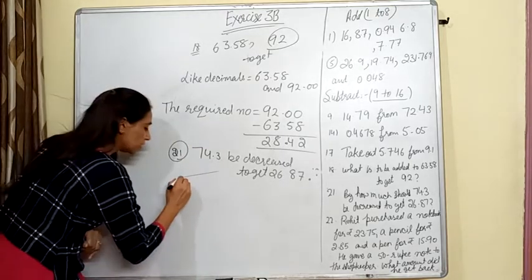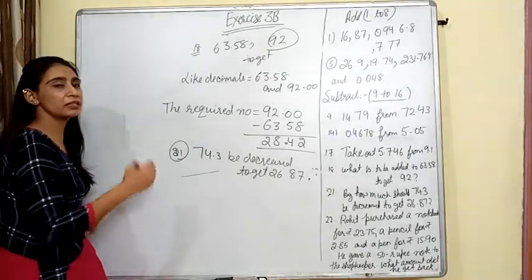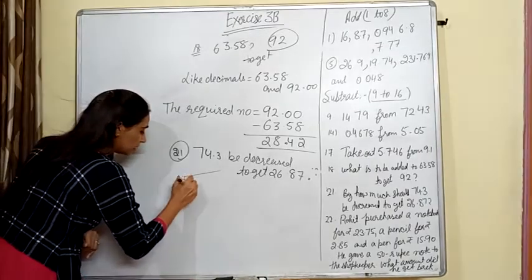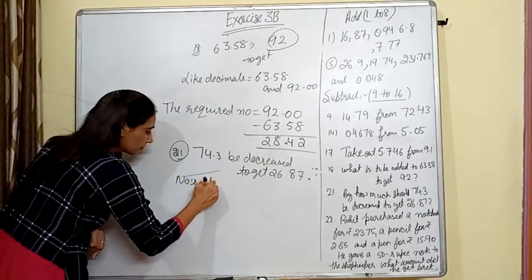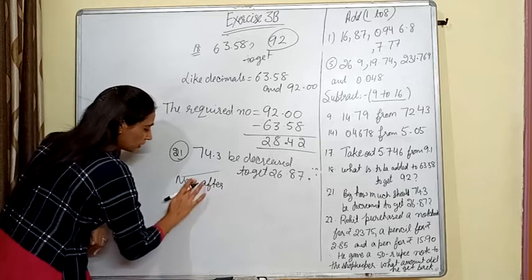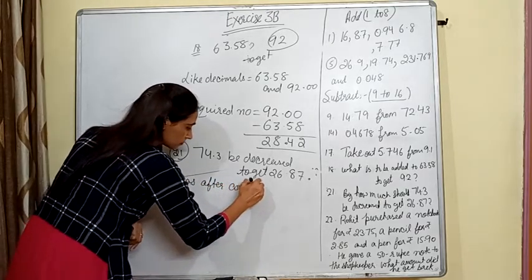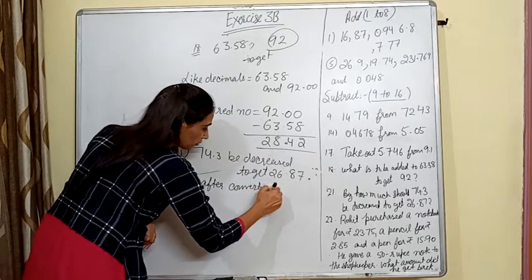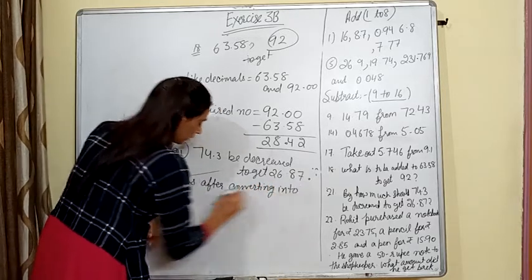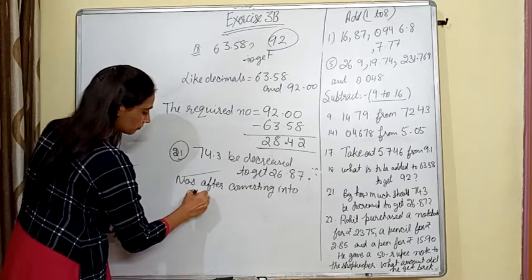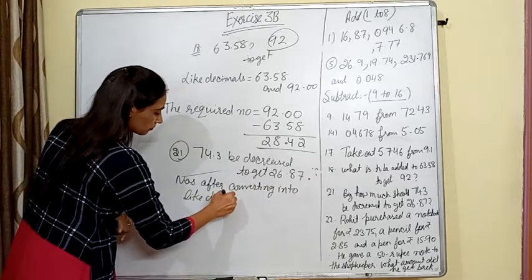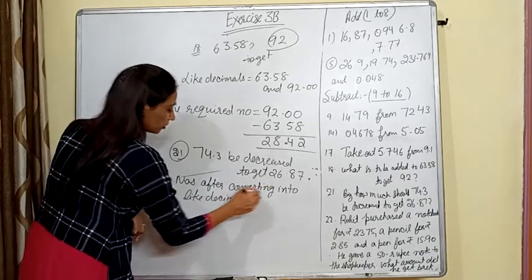After that, you will write, after converting into like decimals. So what are the numbers?